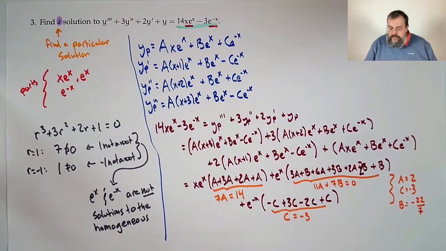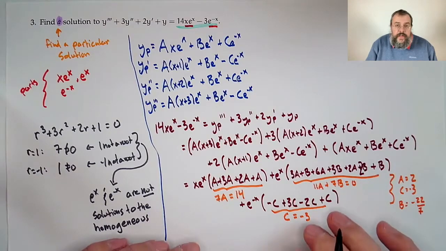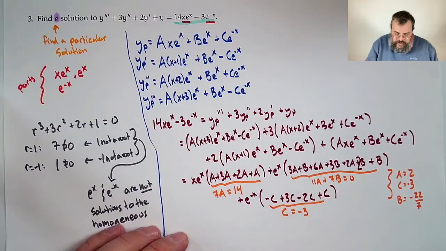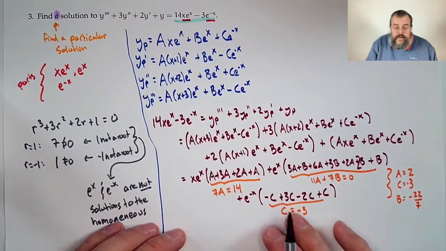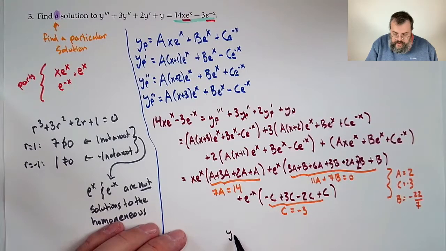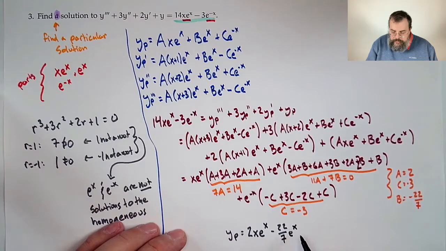So the last thing to do is just write in those values. So we have that our particular solution is equal to 2x e to the x minus 22 over 7 e to the x and minus 3 e to the minus x.